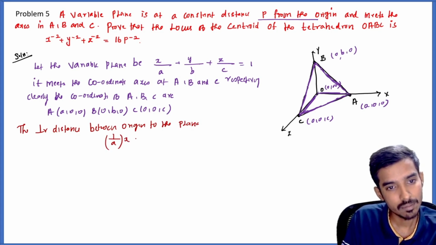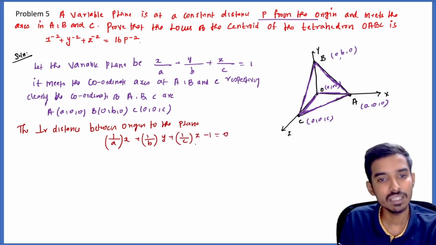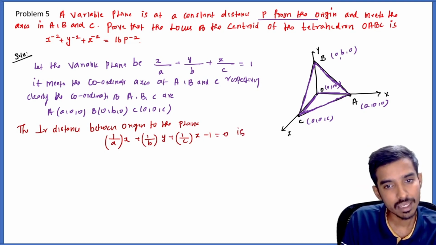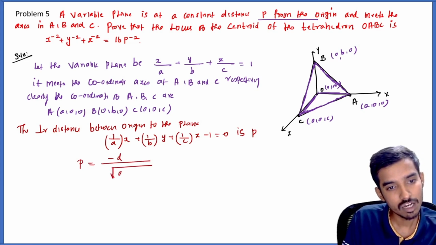Ax + By + Cz + D = 0. Here A is 1/a, B is 1/b, C is 1/c, and so on. We know the perpendicular distance is p. The formula is minus D divided by the root of A squared plus B squared plus C squared.